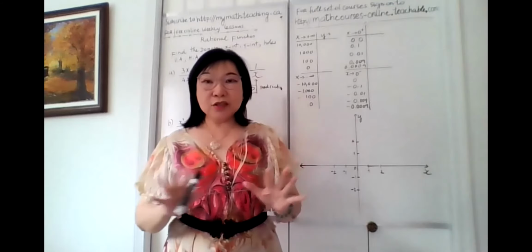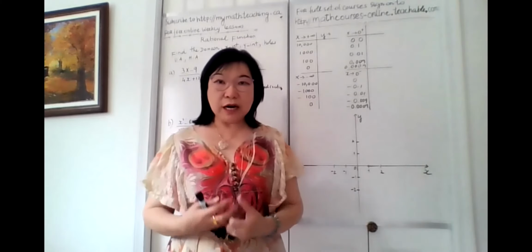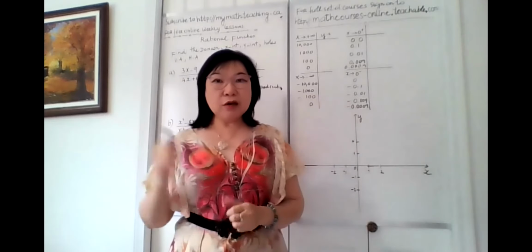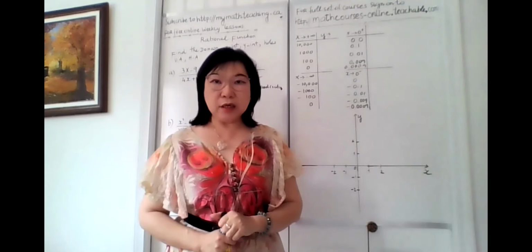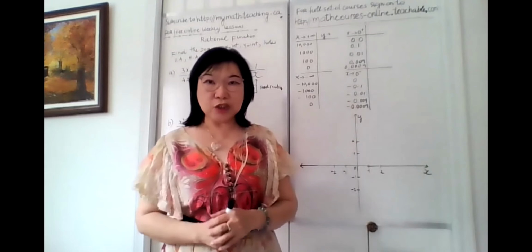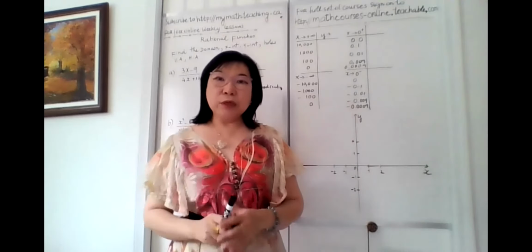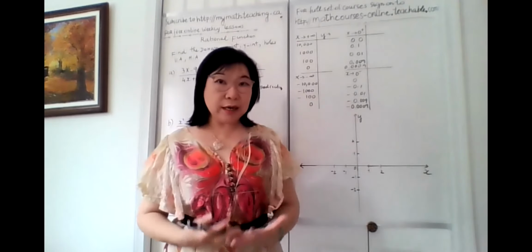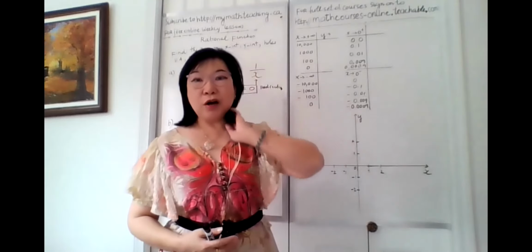There are many ways to sketch the graph of a rational function by hand without using the graphing calculator. And we must learn in this course how to sketch it by hand. But then we can use a graphing calculator and check our sketching to see if we are accurate or not.